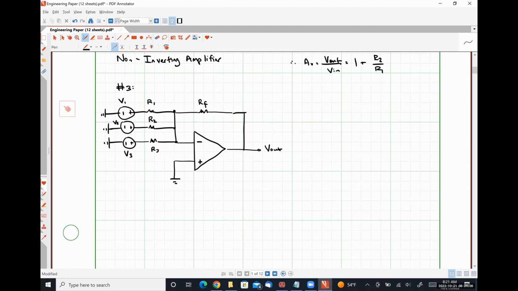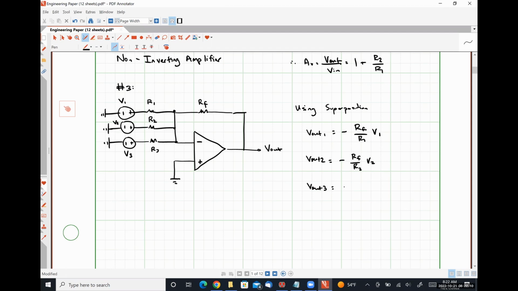So using superposition, we could say that V out 1 would be negative RF over R1 times our input voltage V1. V out 2 would be negative RF over R2 times V2.